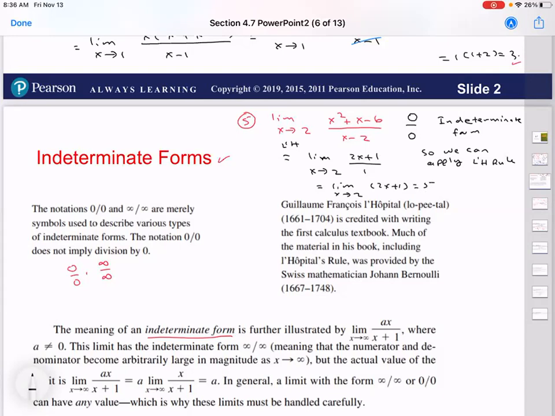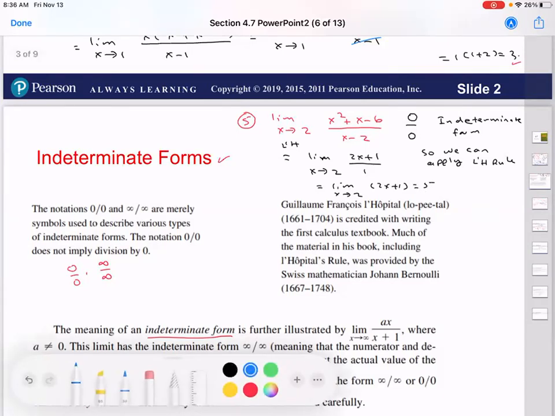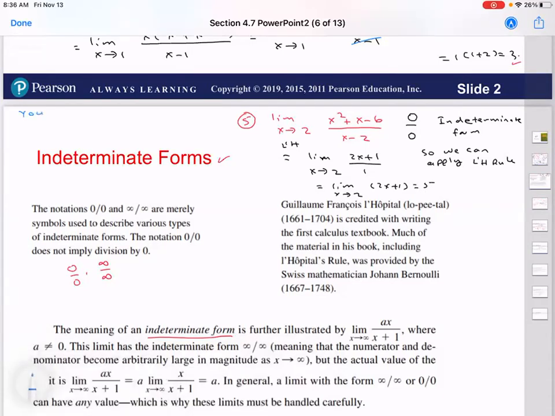You can also do it another way. You don't have to use L'Hopital's rule. For example, you can simply take the limit as x approaches 2 and factor the top.